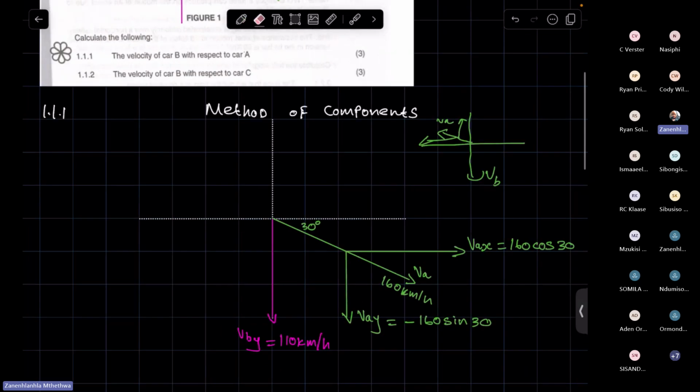So this would be VA sine 30. And this one would be negative VA cos 30, right? So now when applying the method of components, we're essentially looking for the sum of V, what is this, VBA in the X direction.